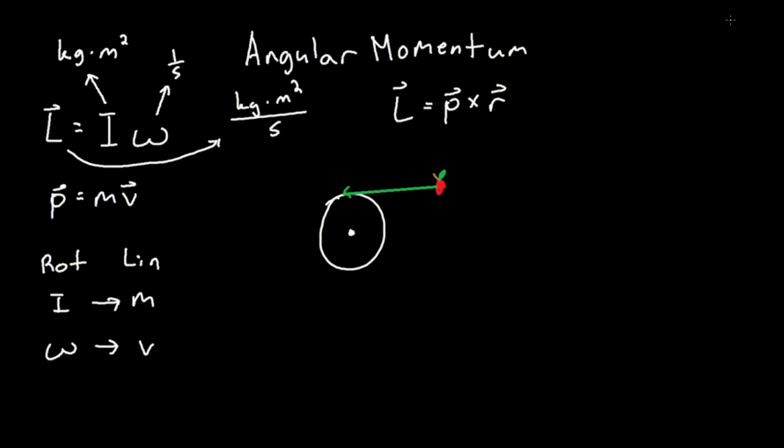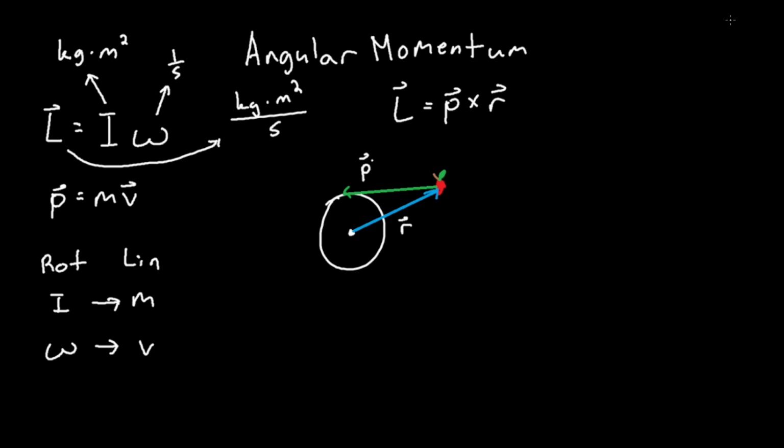Well, therefore, if it has some velocity, this is our linear momentum right here, represented by the blue arrow, and the distance vector is represented by the blue arrow here. The distance vector is just r.